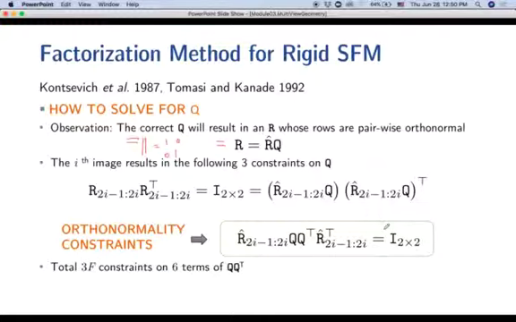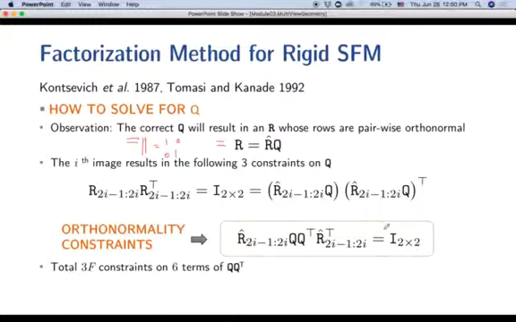Except you have a QQ transpose in the middle. So because you have 3 constraints from every camera, and you have F cameras because you have F frames, you have a total of 3F constraints on QQ transpose. Anytime you take a matrix and multiply it with its own transpose, you get a symmetric matrix.